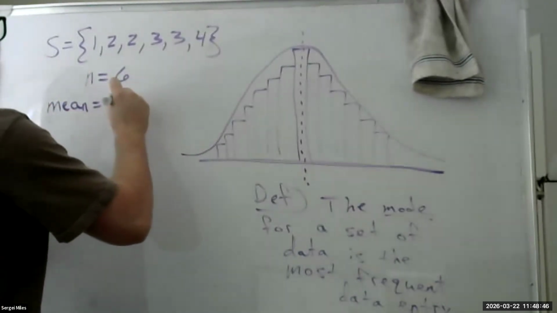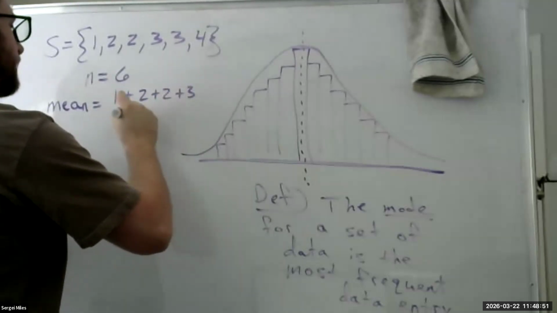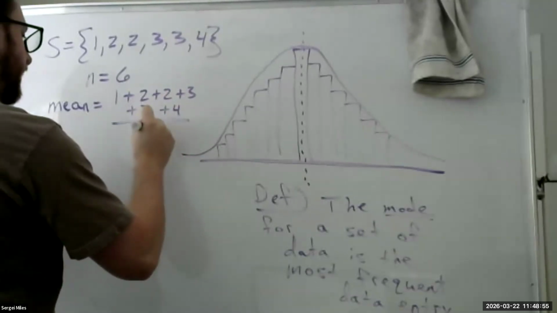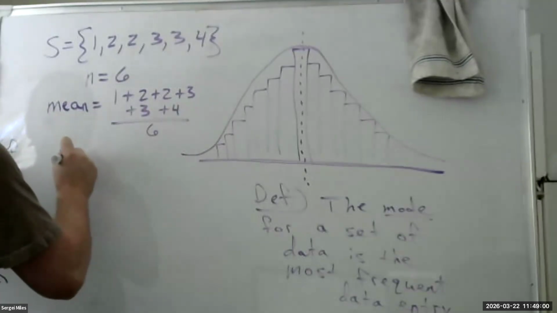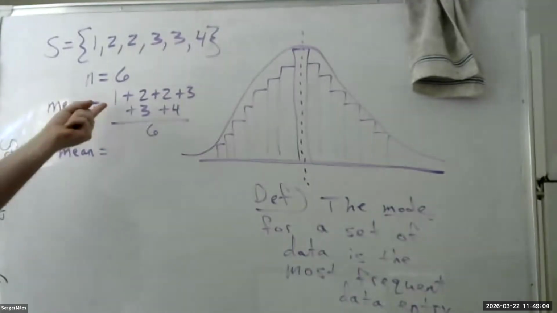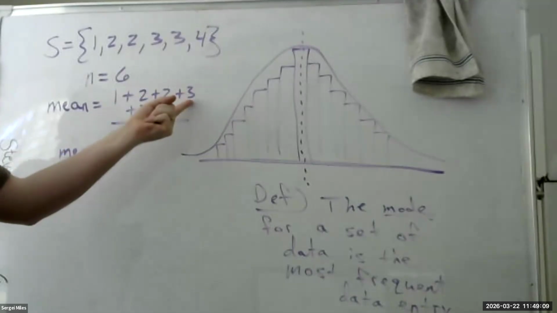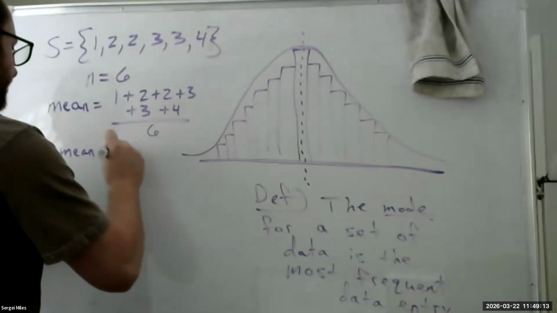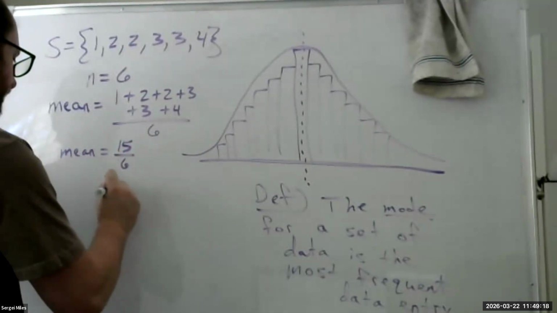So I'd have 1 plus 2 plus 2 plus 3 plus 3 plus 4, all divided by 6. If I add it all up, 1 plus 2 is 3, plus 2 is 5, plus 3 is 8, plus 3 is 11, plus 4 is 15. We would have 15 divided by 6.